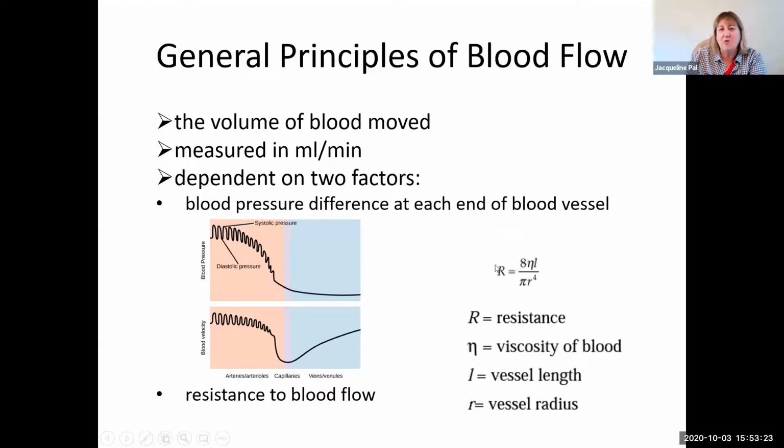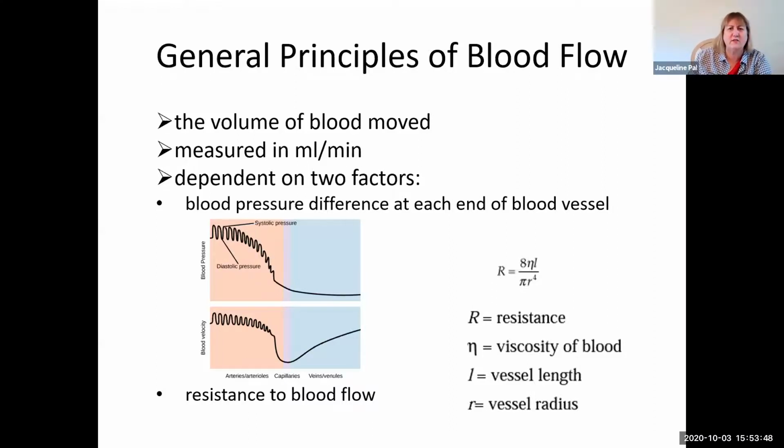The capital R, resistance, is basically looking at three different things. What is proportional to it has to do with the blood viscosity as well as how long that blood vessel is. And what's going to be inversely proportional, in other words, as it goes up, resistance goes down, and vice versa, has to do with the radius of the blood vessel.